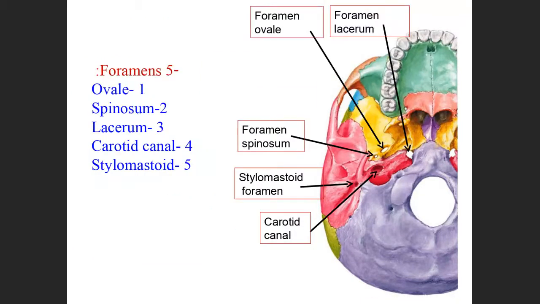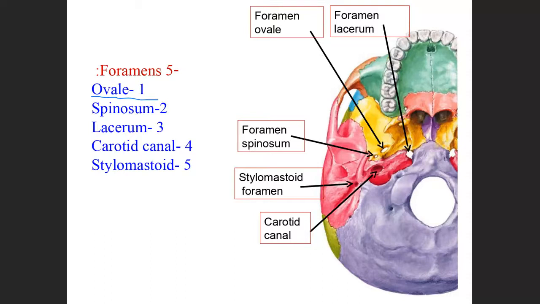Next, what are the openings present in the middle part? One is the foramen ovale. Why is it called oval? Because it is oval in shape. Then the foramen spinosum. Why is it called foramen spinosum? Because it is the foramen present behind the spine.